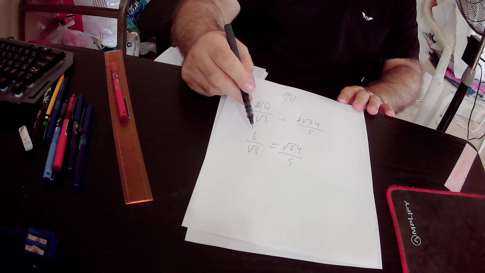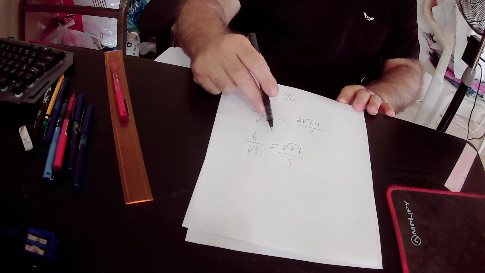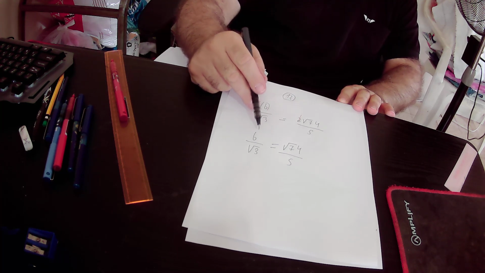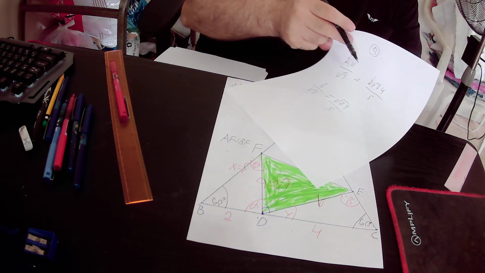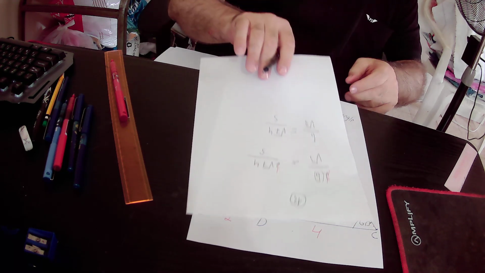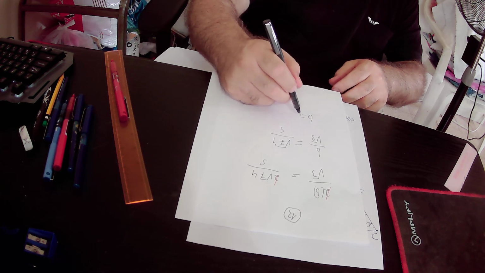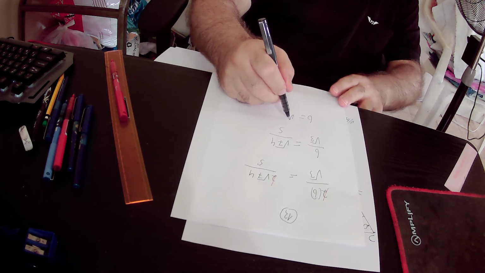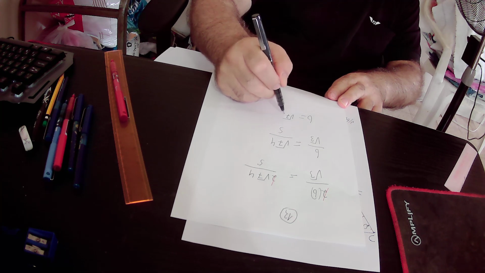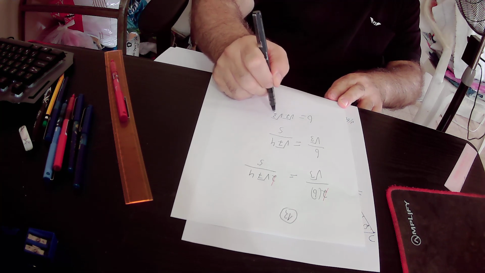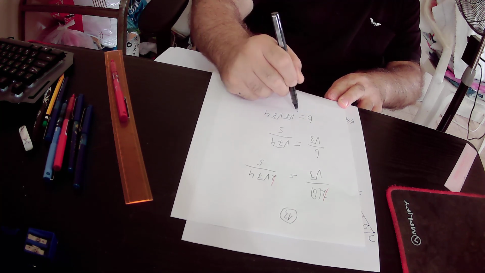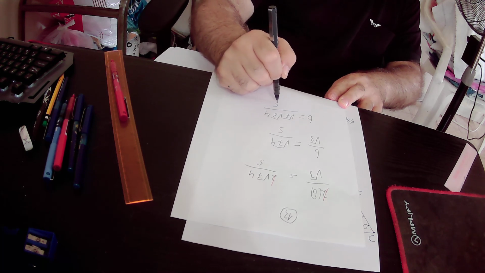Here we will multiply this equality by root 3 in order to get the value of b. So we get that b equals root 7 times root 3 times 4 over 5.